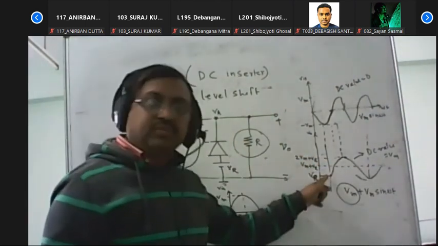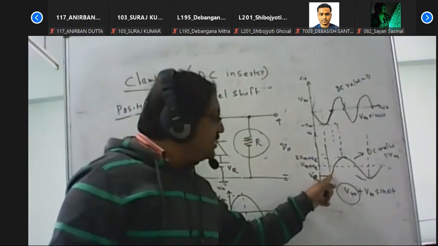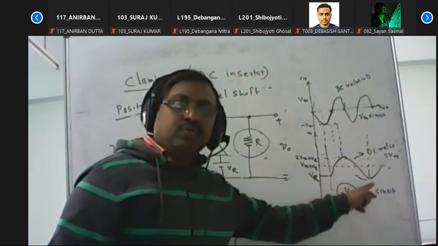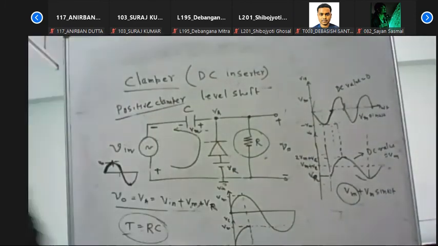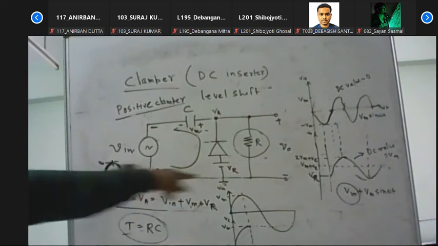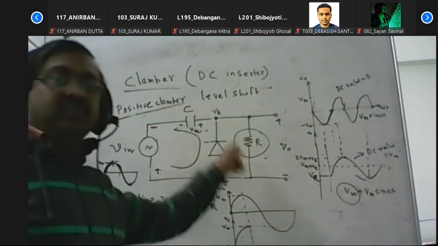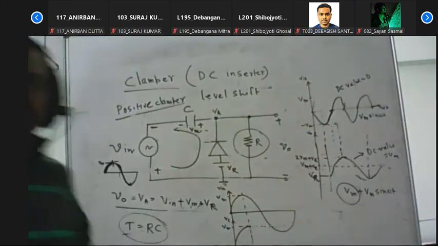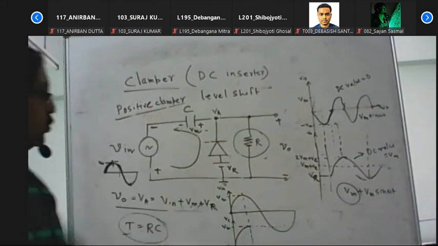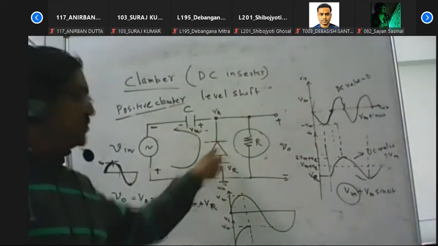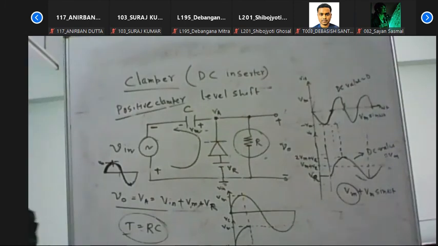So the signal can vary from here to 2 Vm plus Vr. These are basically called a positive clamper circuit with positive bias voltage, or positive reference voltage.